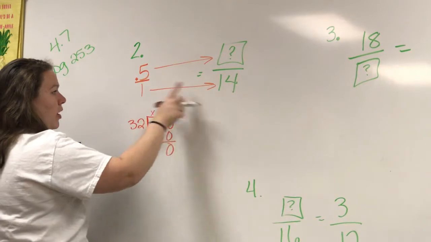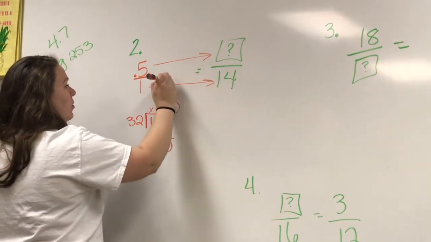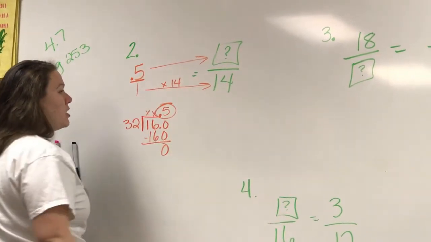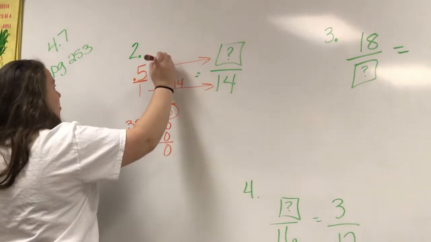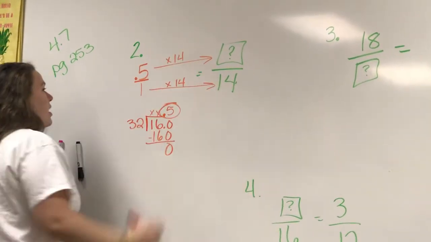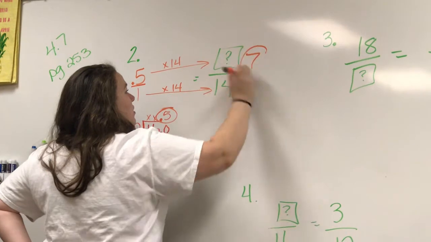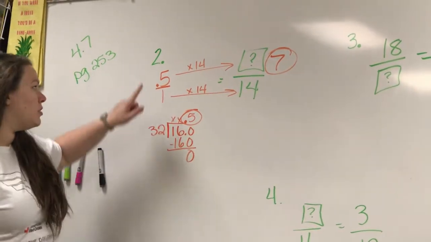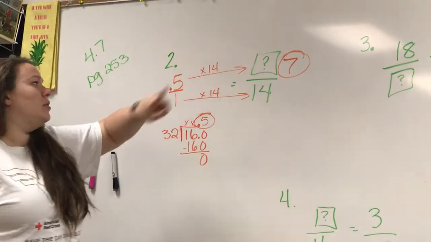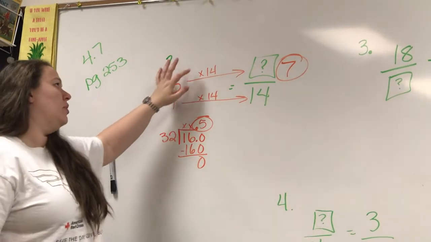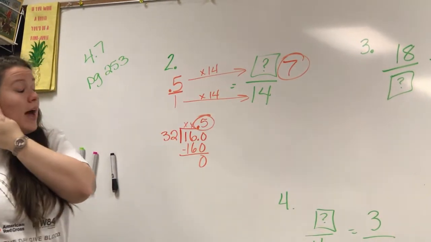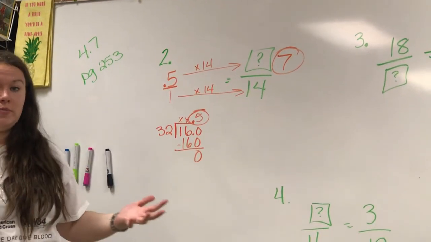How did I get from 1 to 14? I had to multiply times 14. I do the same thing to the top times 14, and my missing number is 7. If I multiply 0.5, which is just half, times 14, I know that half of 14 is 7.